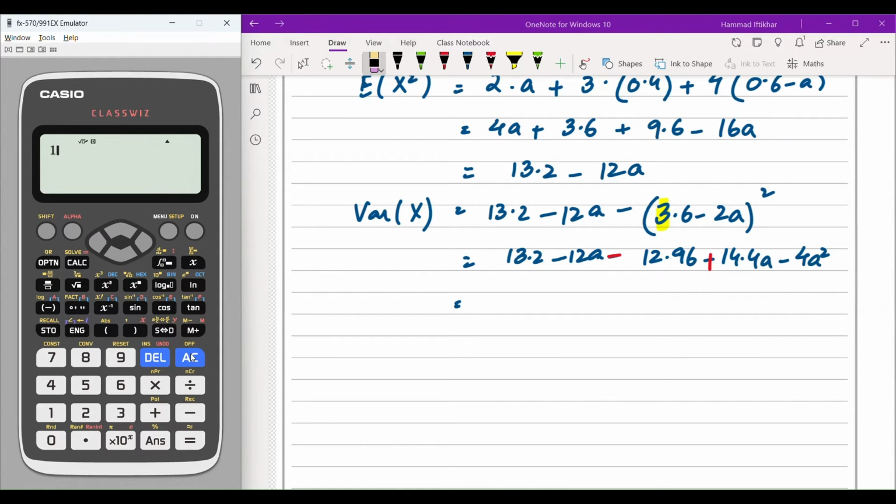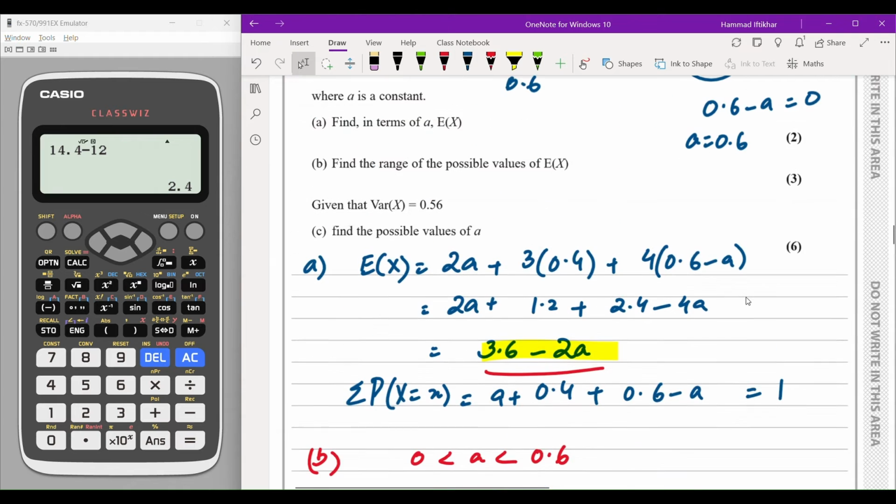We have 13.2 minus 12.96. That is equal to 0.24. Then we have 14.4 minus 12. That is 2.4. And then minus 4a squared.